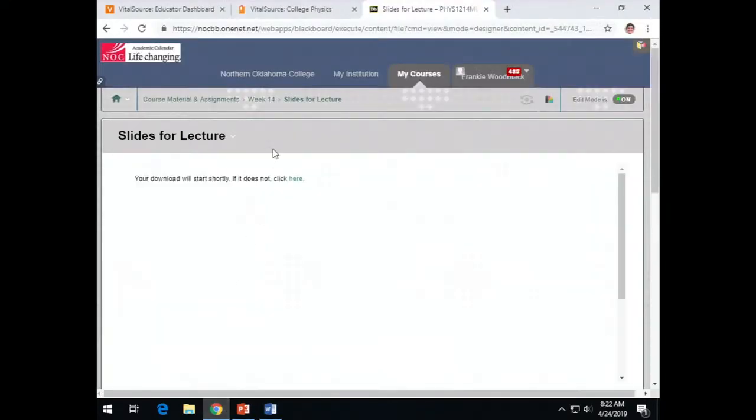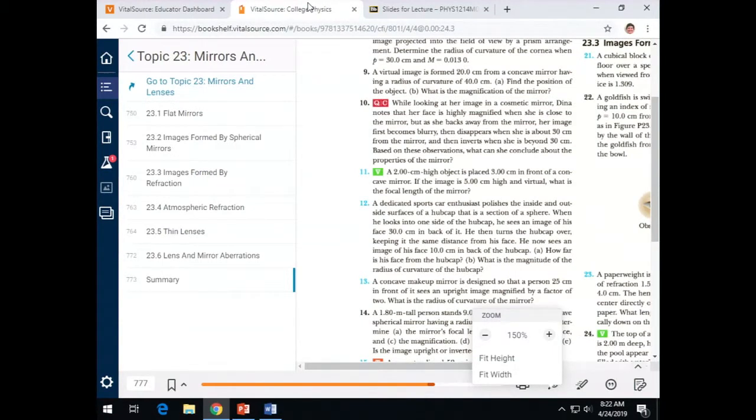I actually did this so that we could look at a problem. We have a 2 centimeter high object placed 3 centimeters in front of a concave mirror. If the image is 5 centimeters high and virtual, what is the focal length of the mirror?